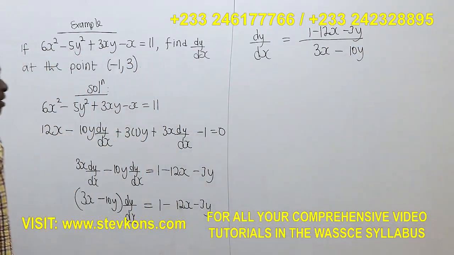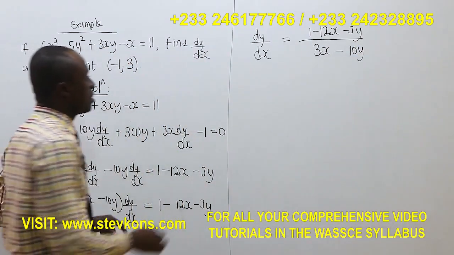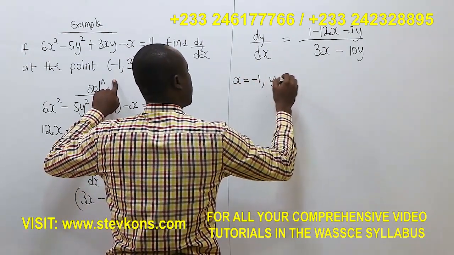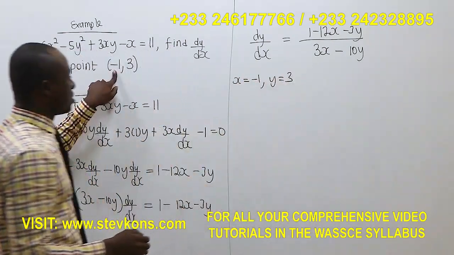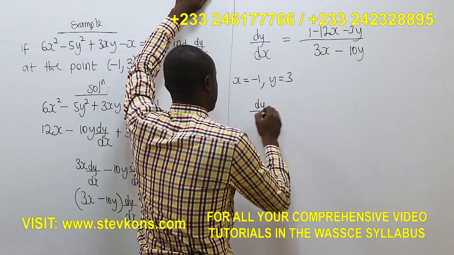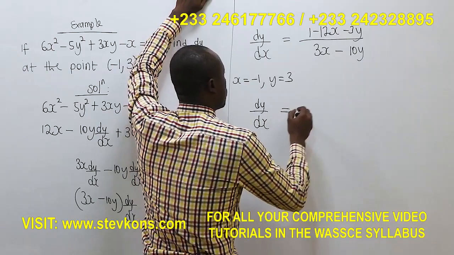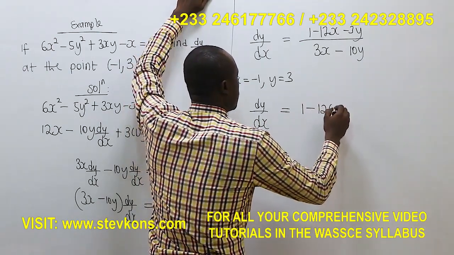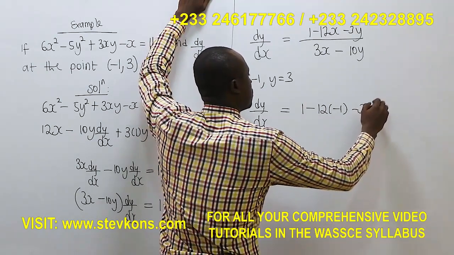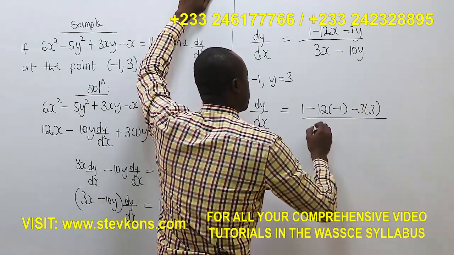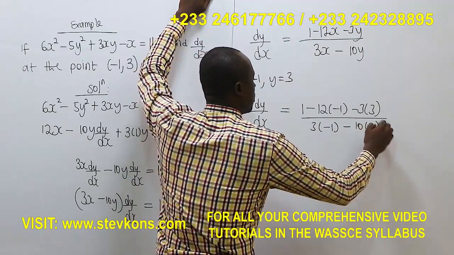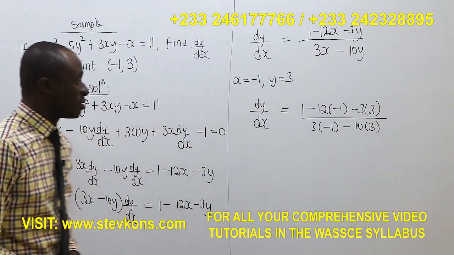Now, at the point, that is, when x is negative 1, y is 3. So our dy dx will be equal to 1 minus 12 times x, which is negative 1, y is positive 3.